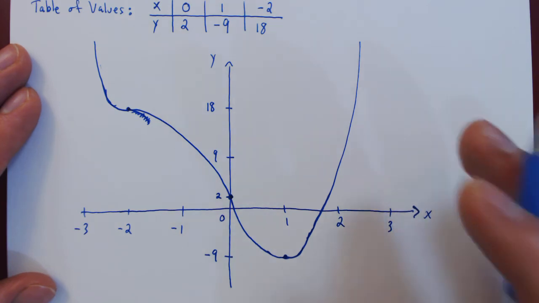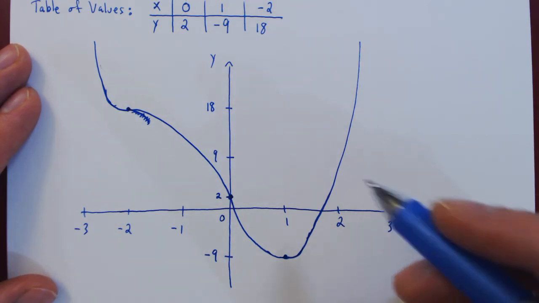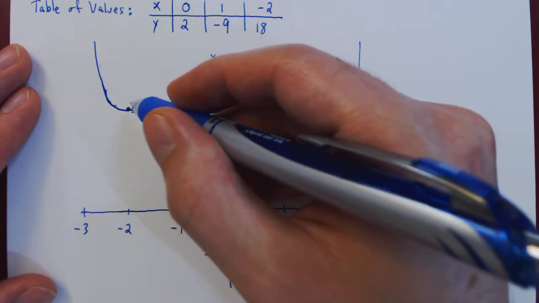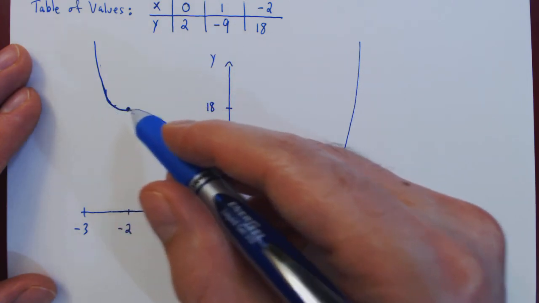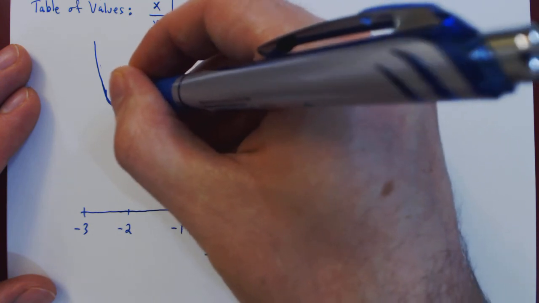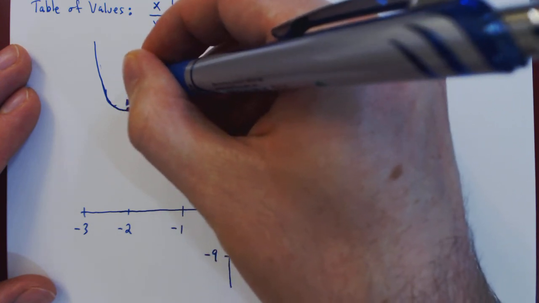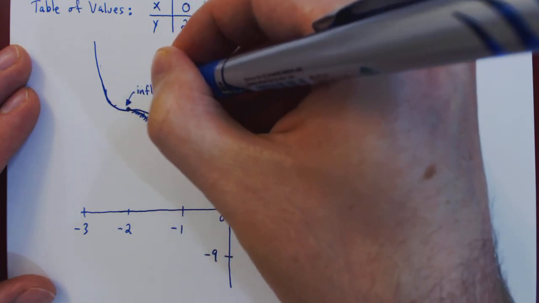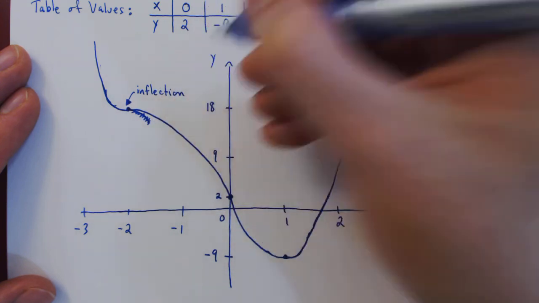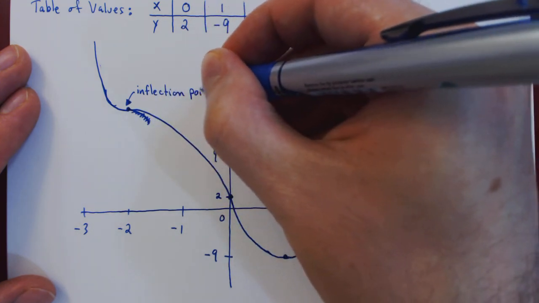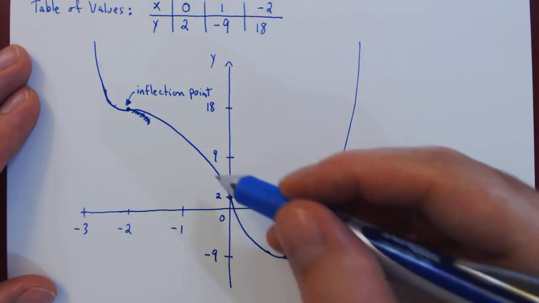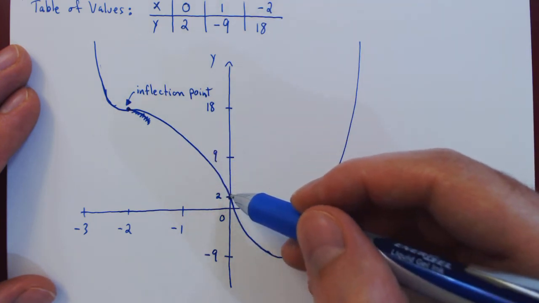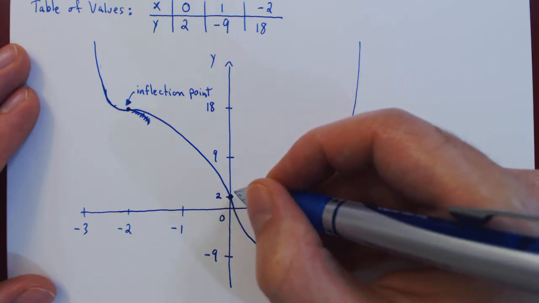So let's label now the three key points of this function. So this critical point was neither a local max or min, but it was an inflection point. x equals 0 was also an inflection point. The curve goes from concave down to then concave up.